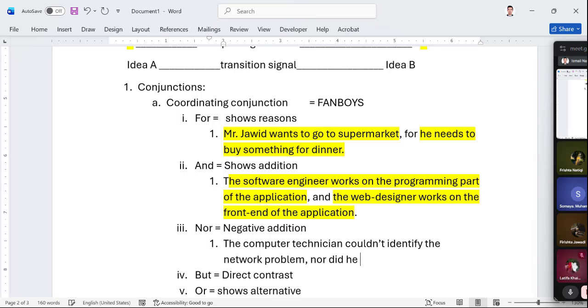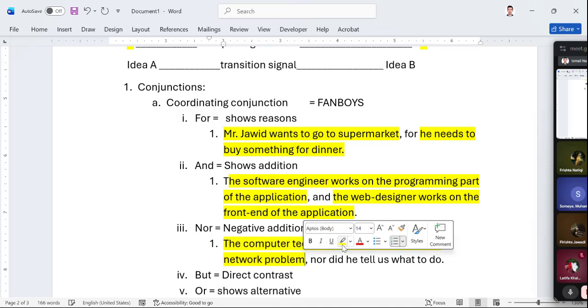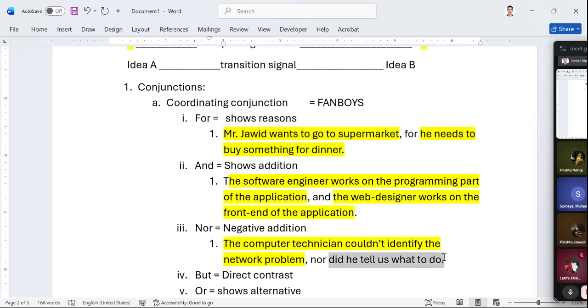Nor did he tell us what to do, for example. It means he didn't know himself, and nor did he tell us what to do. Got it? So it connects two ideas.